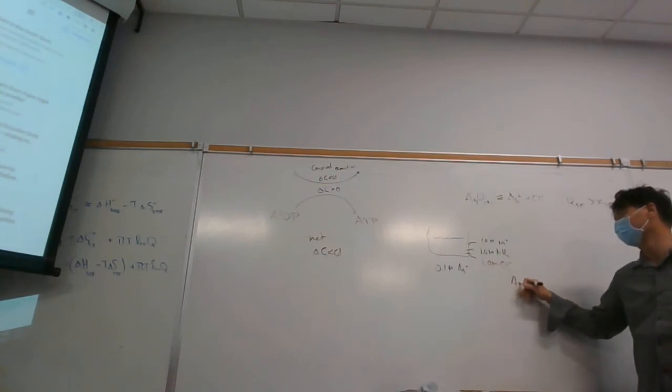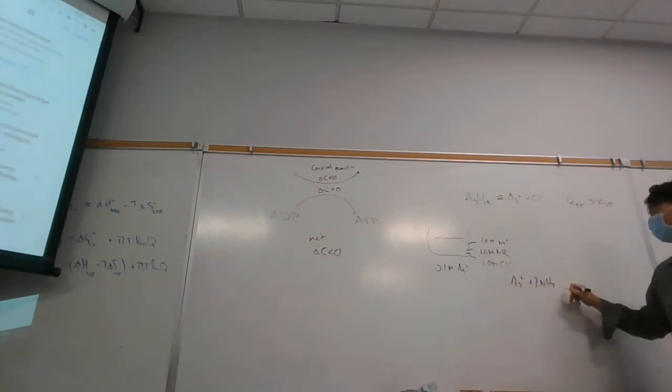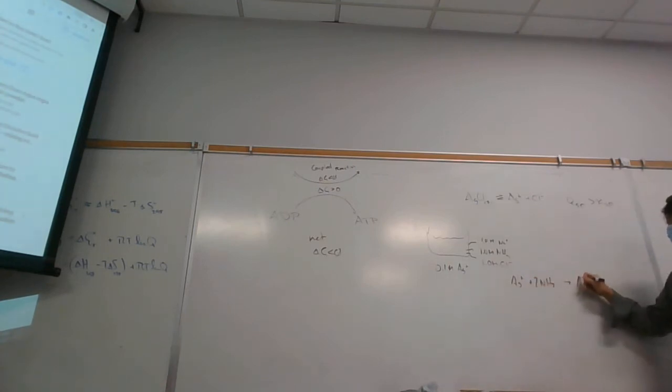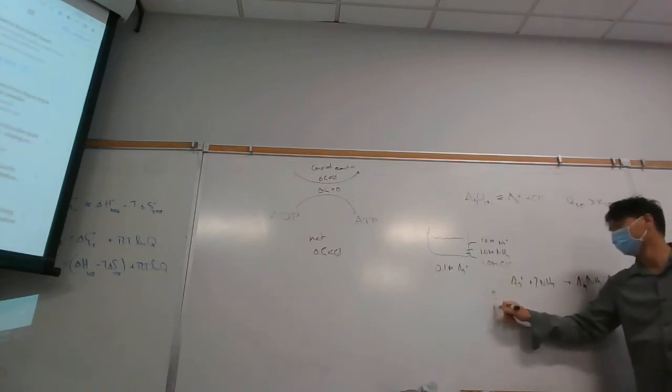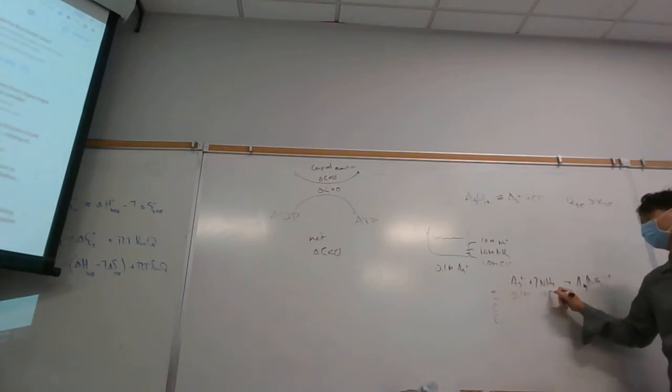And so the free silver ion concentration in the presence of that ammonia can be calculated like this. This would form the diamine complex here, plus like this. Then I can calculate the free silver ion concentration, starting off with initial 0.1 and 1.0 molar.